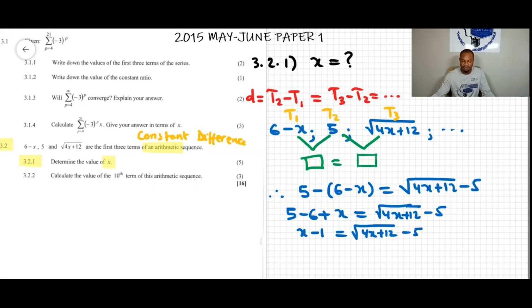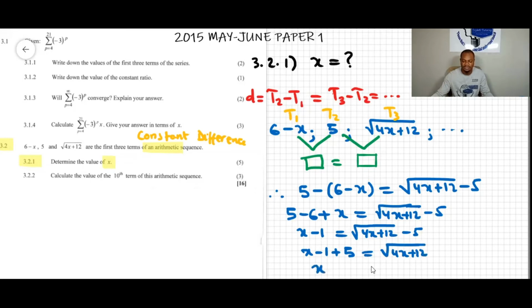Now, to simplify this, we can move the negative 5 over. So this will be x minus 1 plus 5 equal to the square root of 4x plus 12.